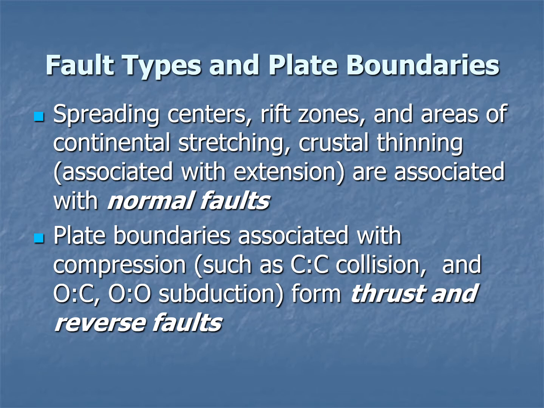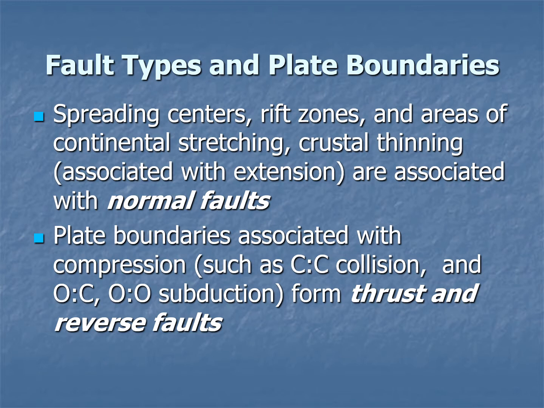All right, so fault types and plate boundaries. In our notes in class, we kind of put all this together in a big outline. We did it all in one day, one class period. This is listed in your video lessons, so we'll move through this quickly.